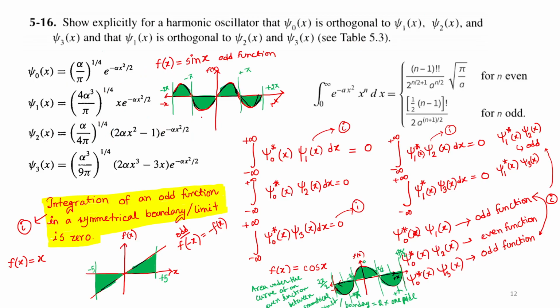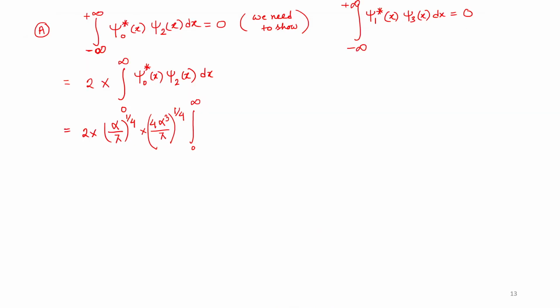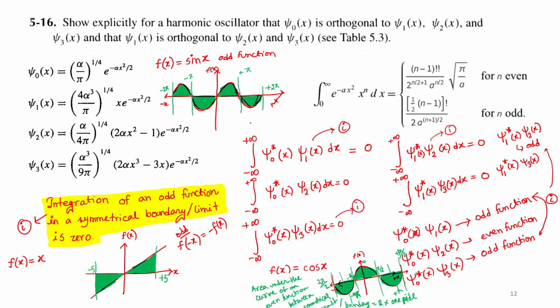Now this part is e to the power minus alpha x square by 2 into, I have made one mistake. Psi 2 is alpha by 4.